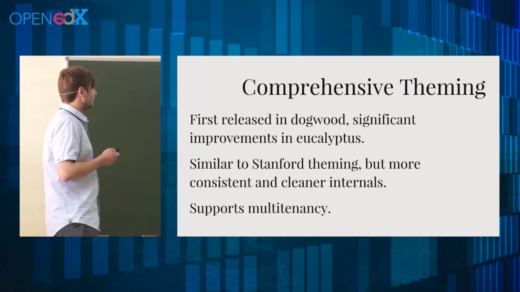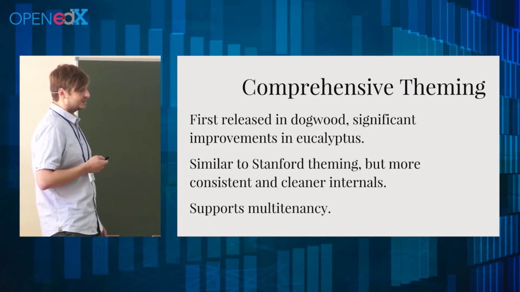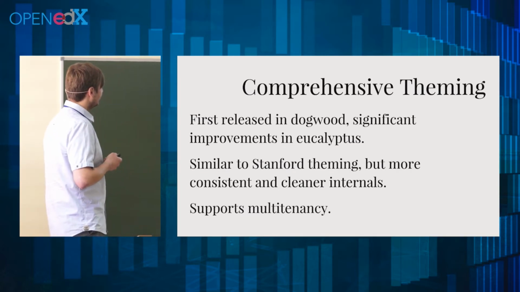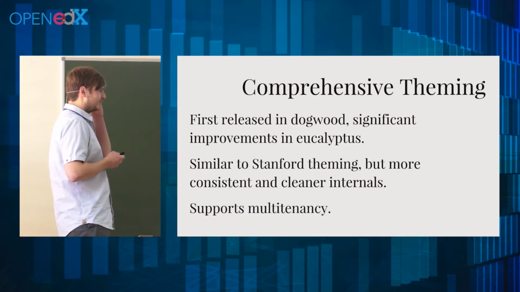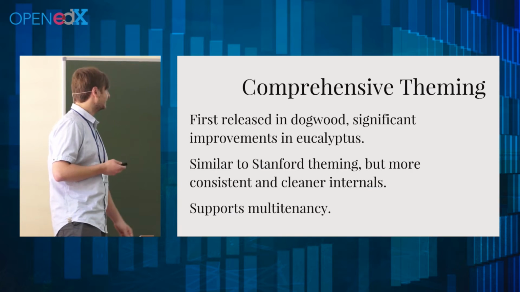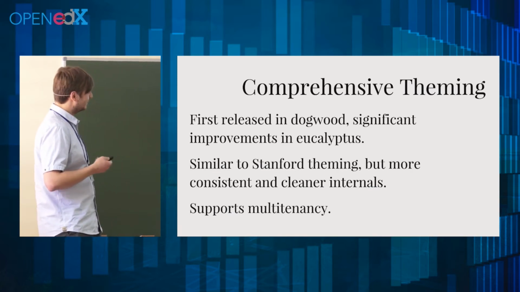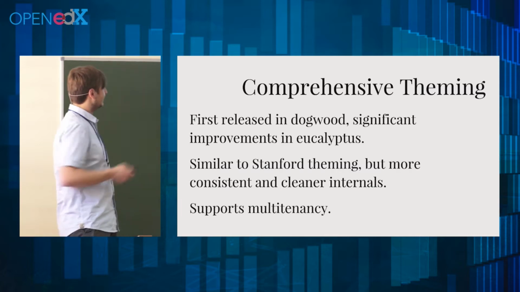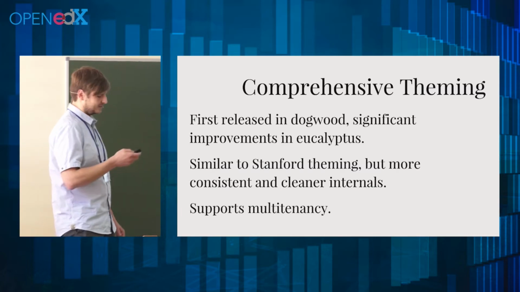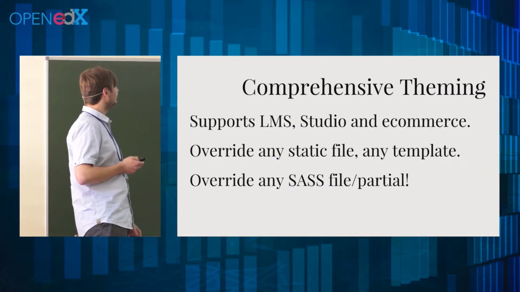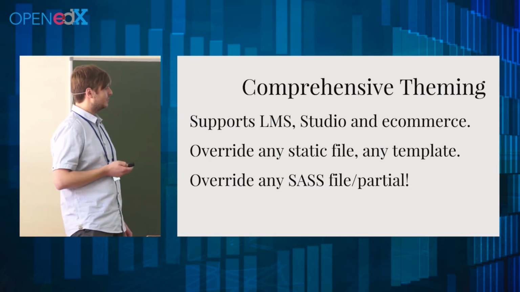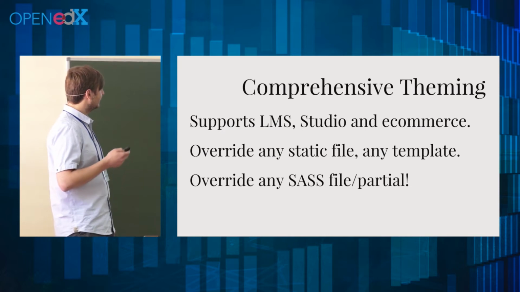Comprehensive theming was first released in Dogwood and has seen some significant improvements in Eucalyptus. It is similar to Stanford theming, but it's more consistent, and the implementation is much cleaner. And like we said, it supports multi-tenancy. In addition to the LMS, it also supports the Studio and e-commerce.